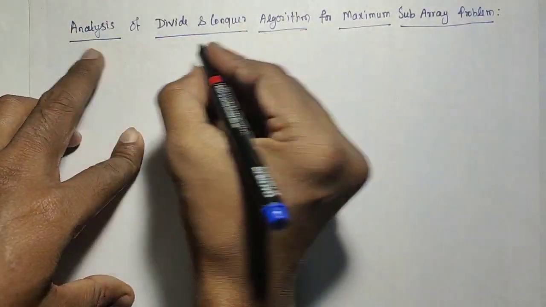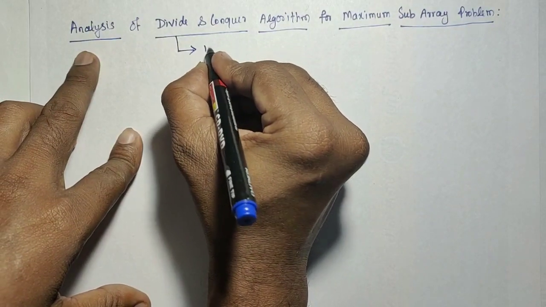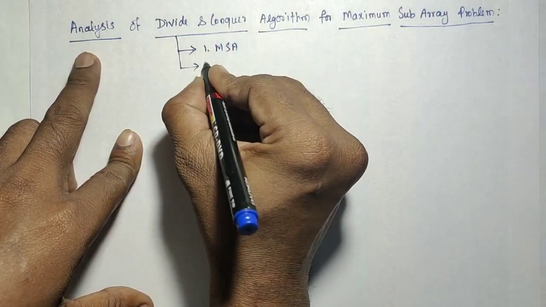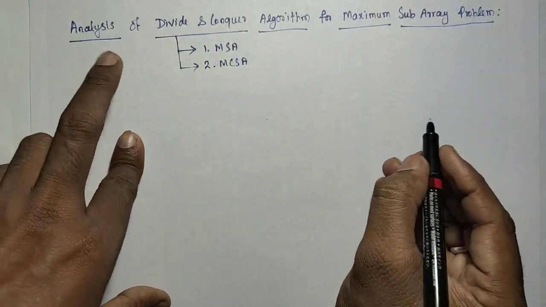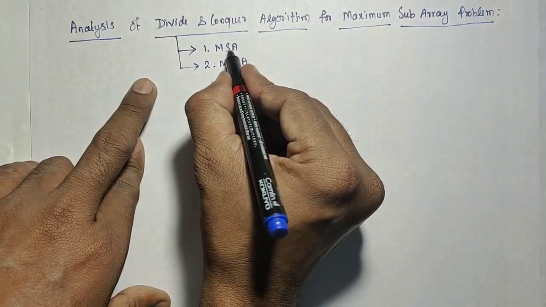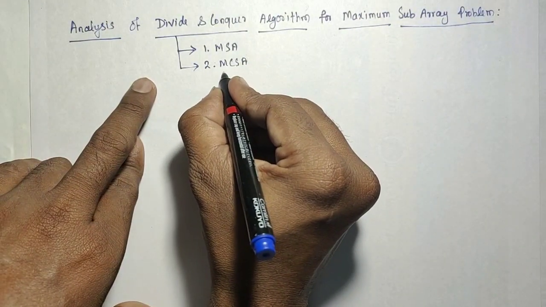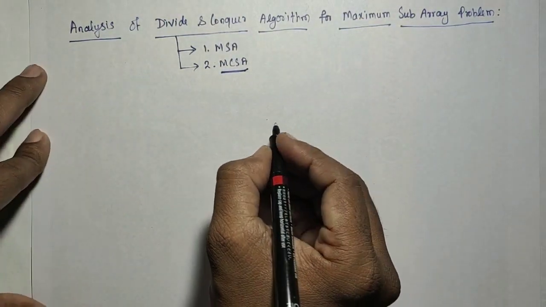So this divide and conquer algorithm contains two algorithms. One is the MSA, another one is the mid-crossing subarray. This algorithm is used by the MSA algorithm. So first we need to analyze how to find the complexity of the mid-crossing subarray.